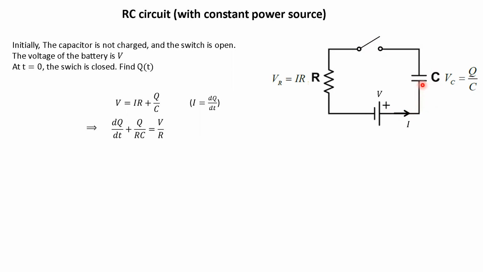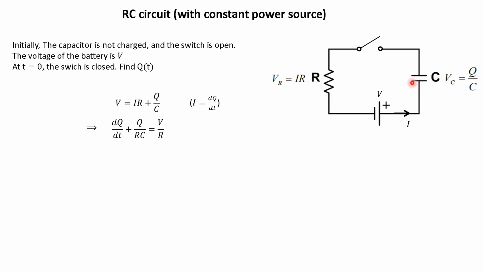Over time, charges will accumulate on this capacitor, and a potential difference will develop across the two ends of the capacitor. The voltage difference is given by Q divided by C.